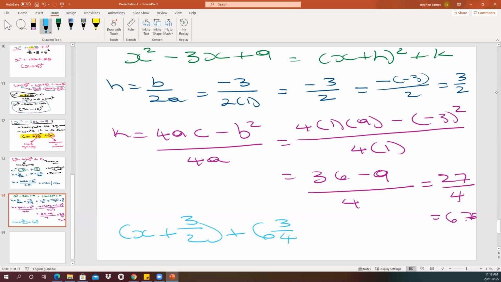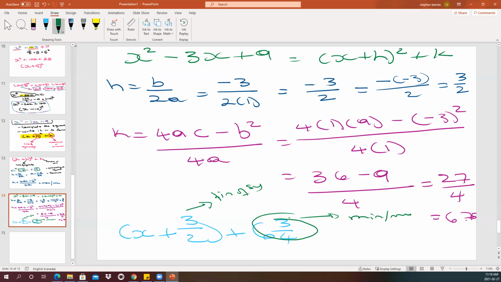So this would be our line of symmetry, and this 6 3/4 would be our minimum or maximum. Well, you tell me, it's a positive number, so would it be minimum or maximum?